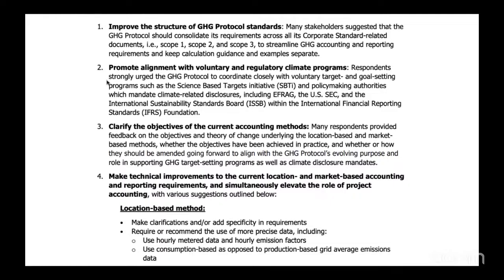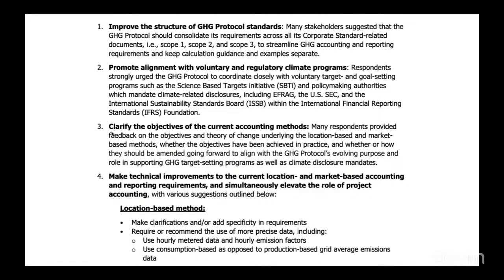Respondents strongly urge the GHG Protocol to coordinate closely with voluntary target and goal-setting programs such as the Science Based Targets Initiative and policy-making authorities which mandate climate-related disclosure, including EFRAG, the US, and the International Sustainability Standards Board, ISSB, within the IFRS Foundation.